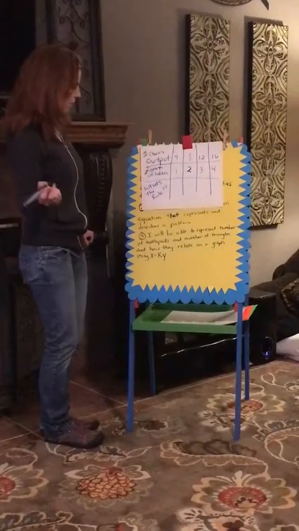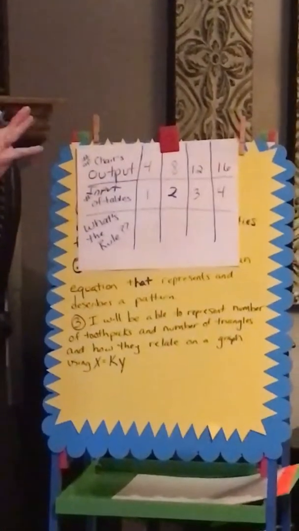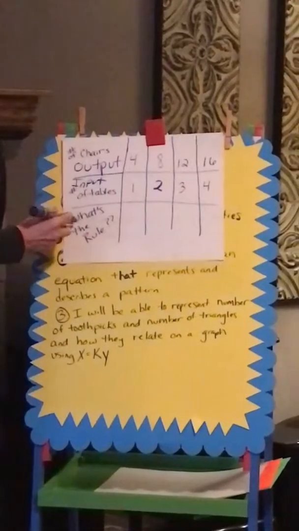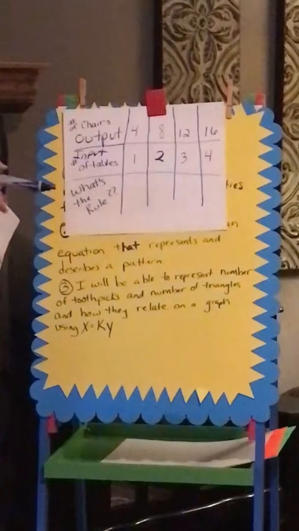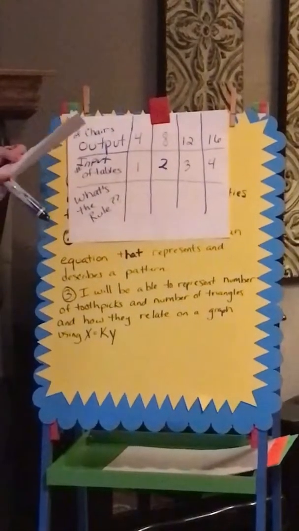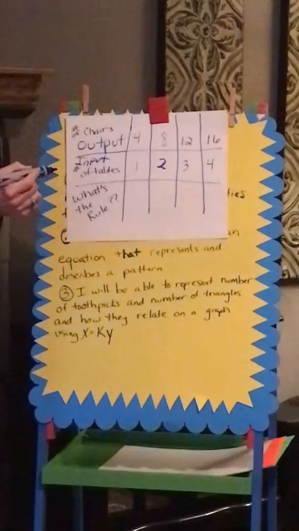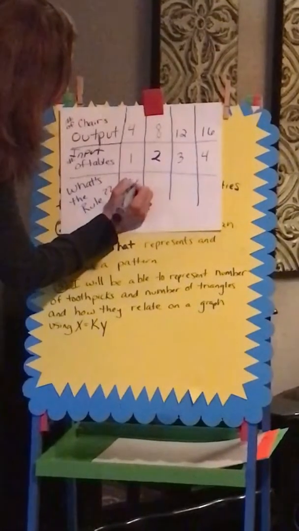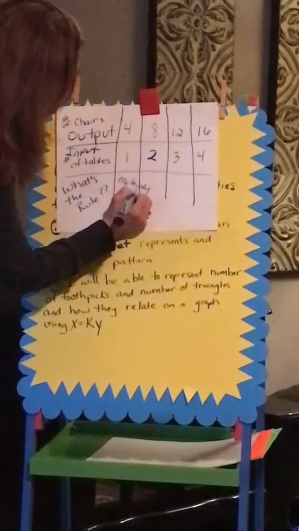Okay. So with input-output charts, sorry. It's about chairs and tables, so I'm going to say chart. What's the rule here? What's the rule that we see? You multiply times 4.